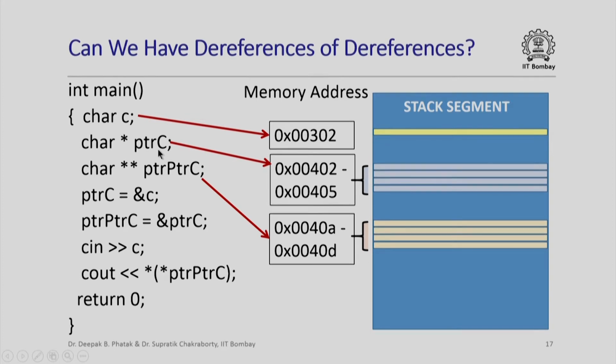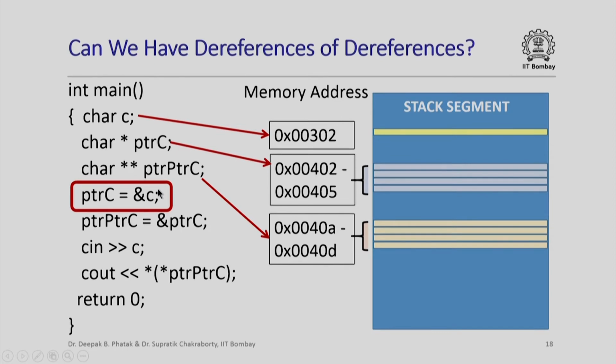Then I have a pointer to a character variable, and since a pointer must store an address, 4 bytes have been allocated, assuming all addresses are 32 bits requiring 4 bytes, and these are the corresponding memory addresses for pointer C. Pointer C is a pointer to a character pointer, and since it is a pointer, therefore it is an address, it will require 4 bytes, and these 4 bytes are allocated with these corresponding addresses for pointer C.